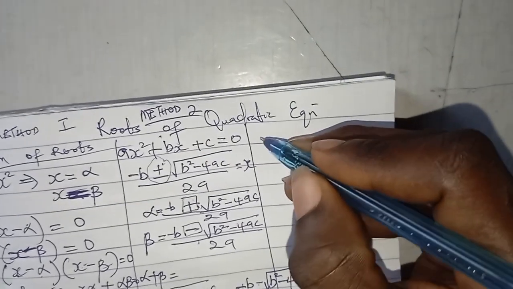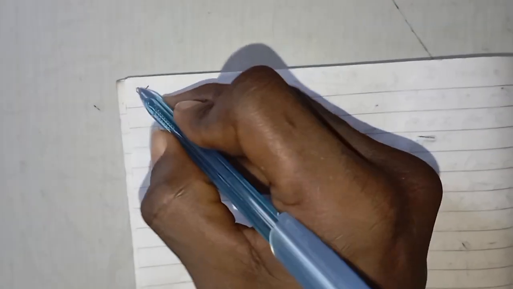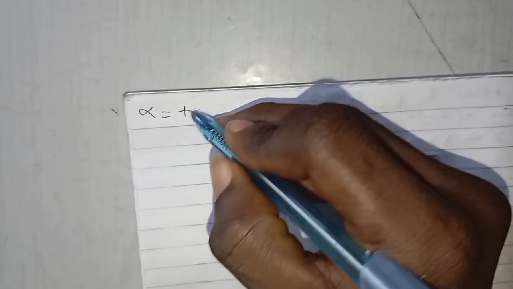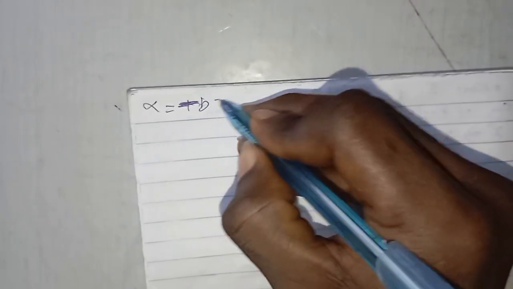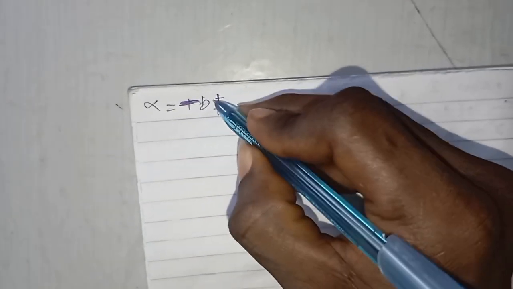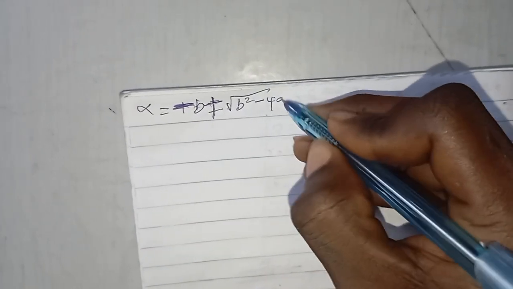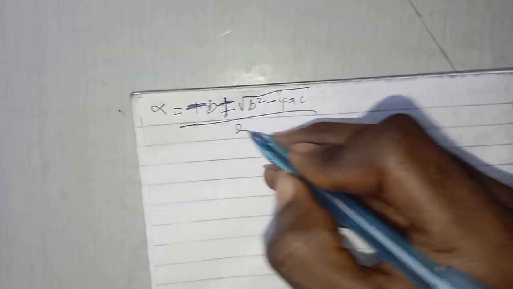So in order to get the product, we'll still do the same thing. Let's do it here. We say alpha will be equal to minus b plus root b square minus 4ac all over 2a.